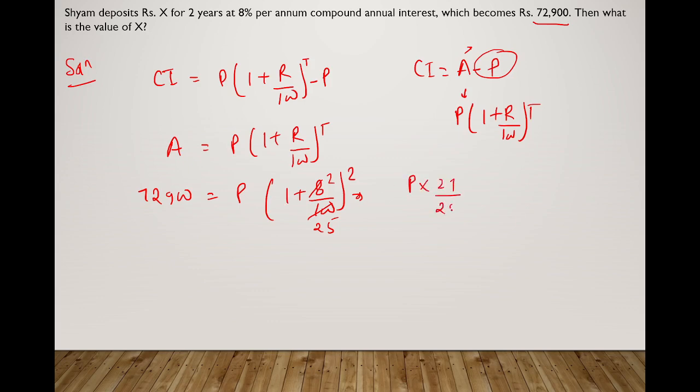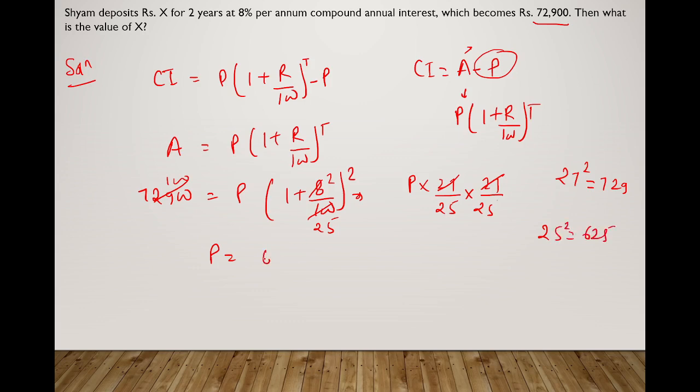27 divided by 25 into 27 divided by 25. As all of you know, 27 squared equals 729. So this gets cancelled, leaving 100. So the principal becomes the square of 25, which is 625.